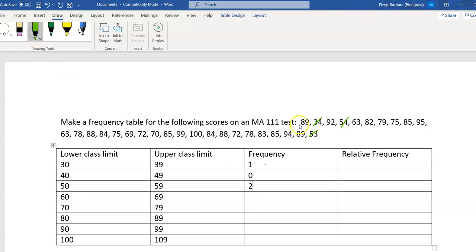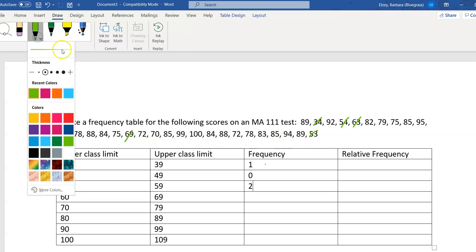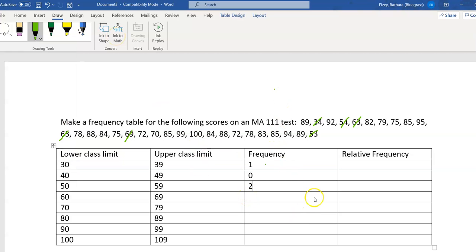60s, let's see what we've got in there. So we have 1, 2, 3. So I'll put a 3 in there. All right, 70s. We've got more 70s to be sure. Let's see. 1, 2, 3, 4, 5, 6, 7, 8. All right, so 8.